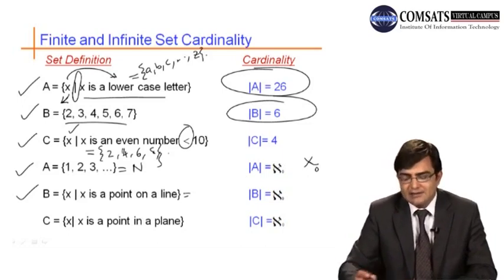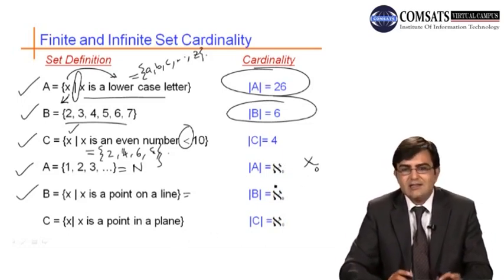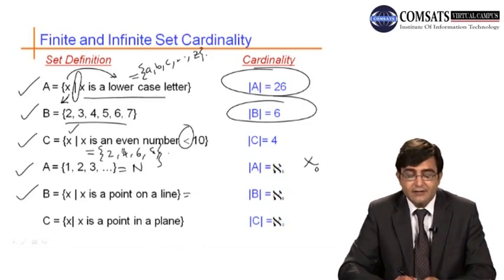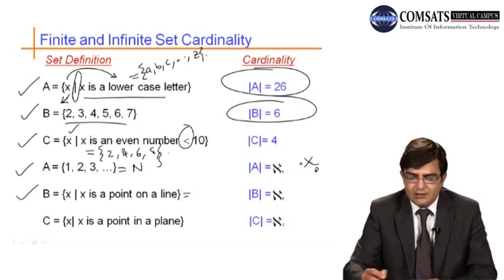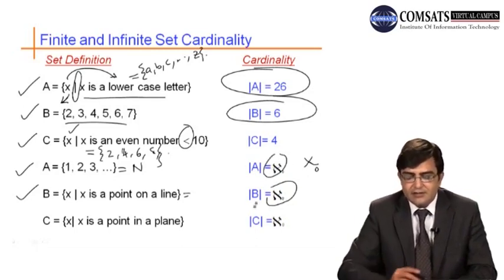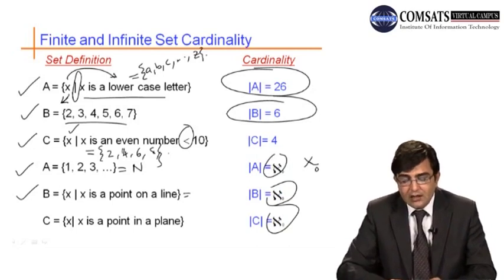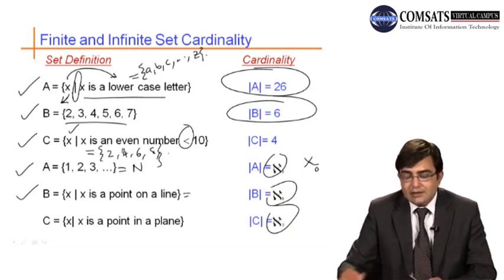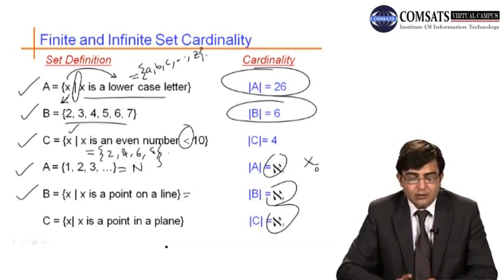These sets are infinite, but their cardinality is denoted by this symbol, similarly for this set and this set. So this is cardinality.